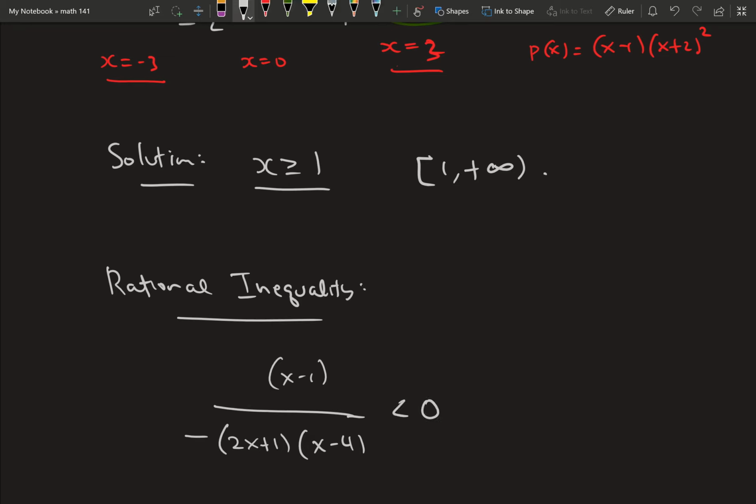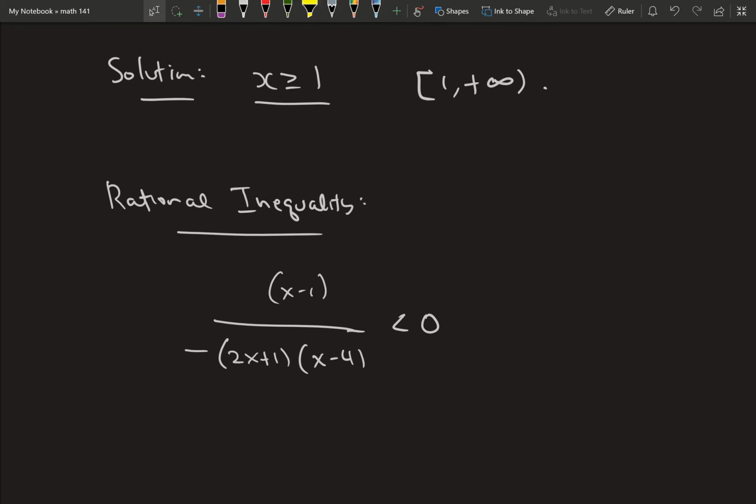So in this video, everything is going to be factored. In the next video, we'll do one or two where we have to factor. So our first job actually is always to factor. So first thing we always do is factor the numerator and denominator. And again, here I'm giving ones that are already factored.